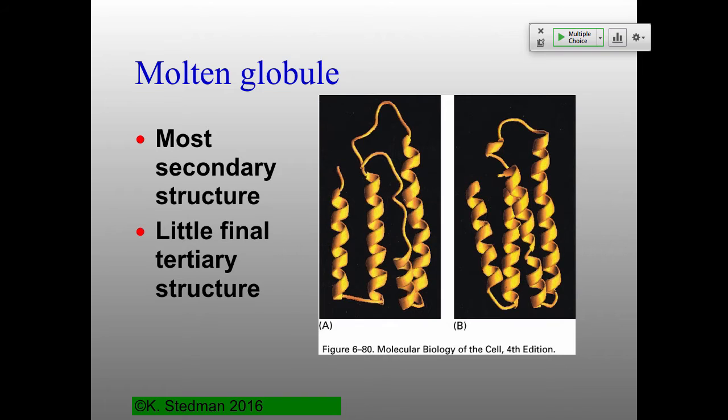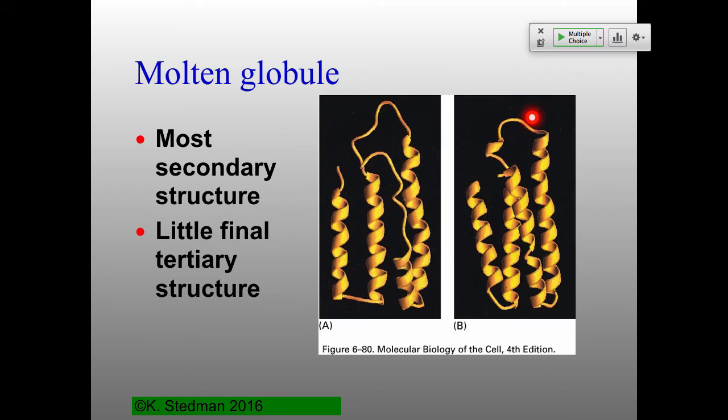So alpha helices, beta sheets, etc. Tertiary structure is all about those side chain amino acids. So it seems that these main chain interactions happen really quickly, and so you end up with secondary structure, but getting to your final tertiary structure takes a while. And so this is just an example of a so-called molten globule for one protein here.